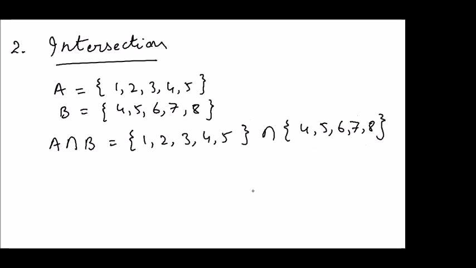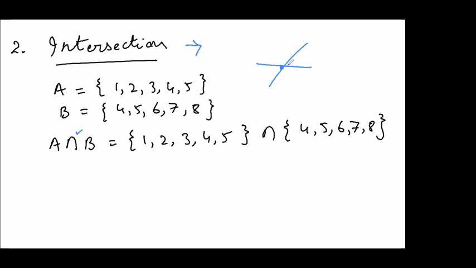Now listen to the explanation. This sign is of intersection. First of all, you must know the meaning of intersection. Intersection means when two lines cross, there is a common point, and this common point is called intersection. It means common elements will make the set of intersection.